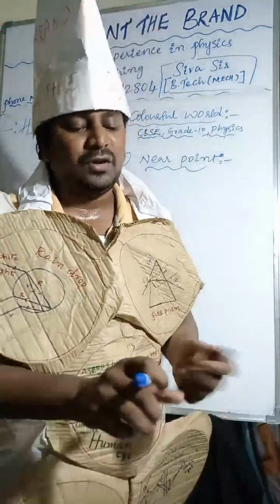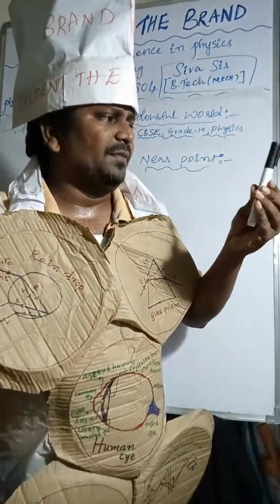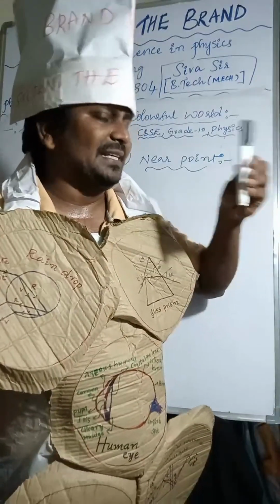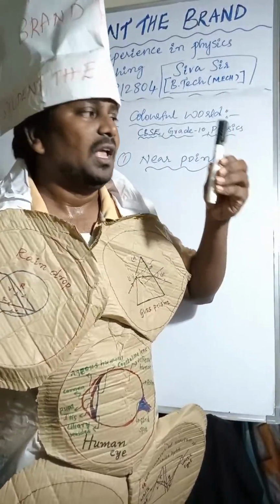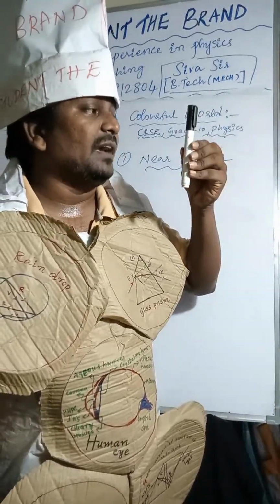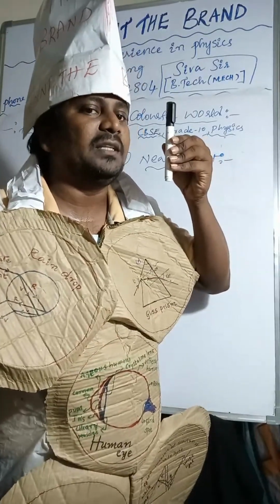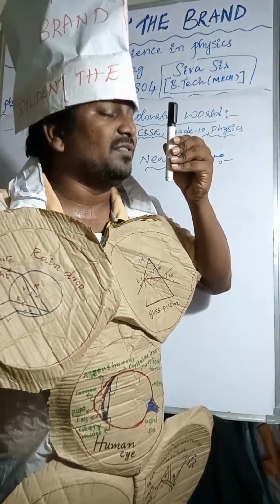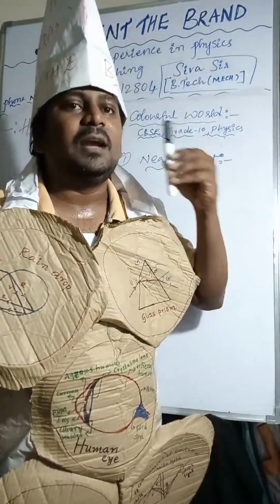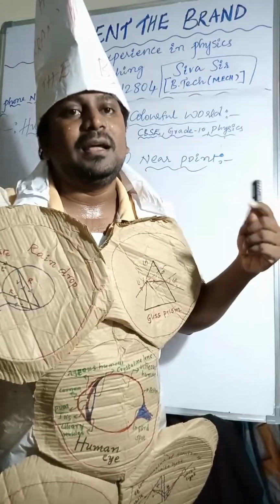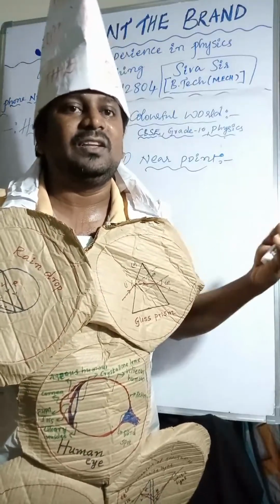If you take a pen and place it at a certain distance, we can see it comfortably. If you take it very near, we can see, but after some time our eyes will get strained and pain, because only up to a certain distance can the ciliary muscles contract and see the object.